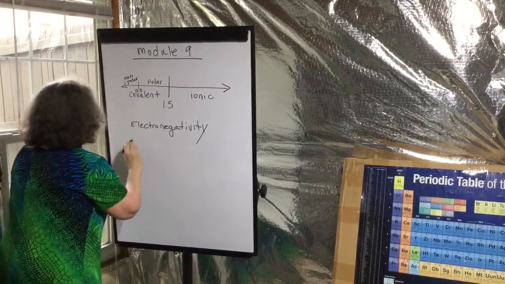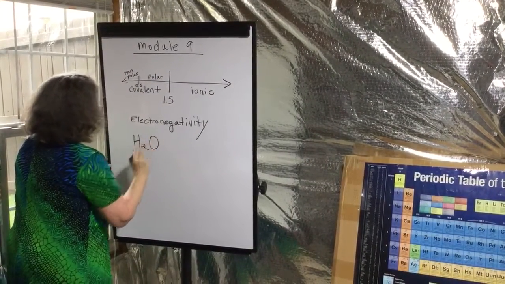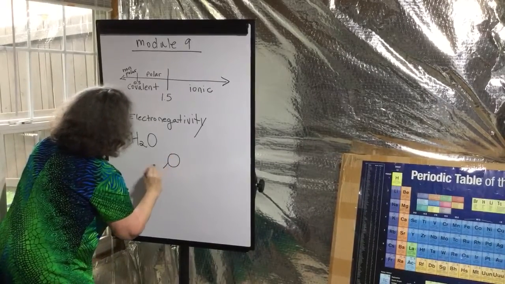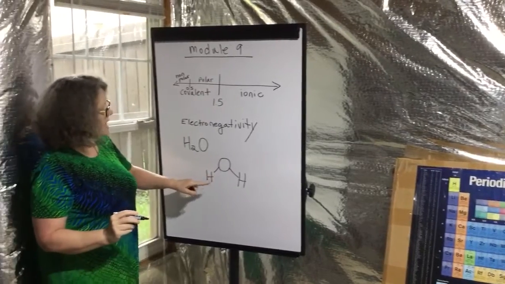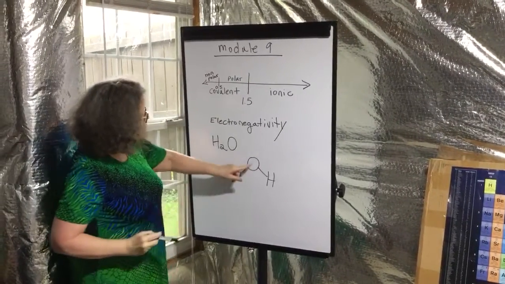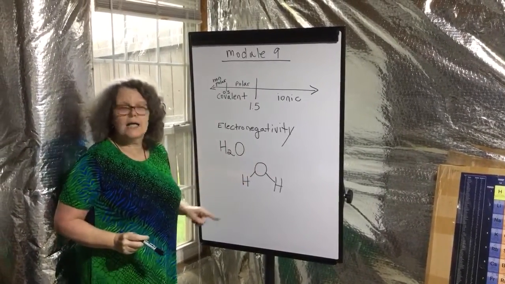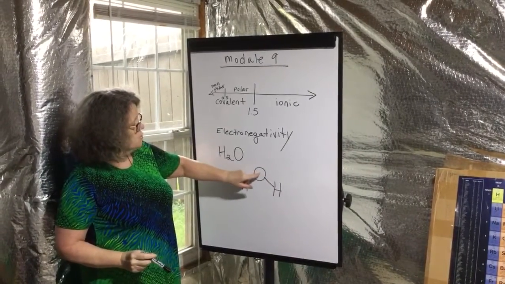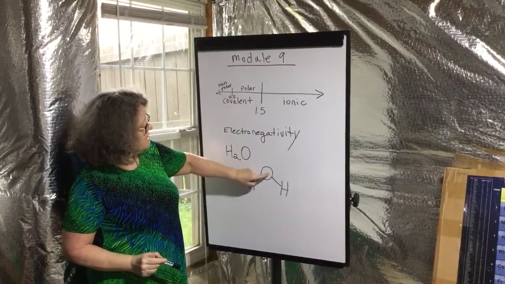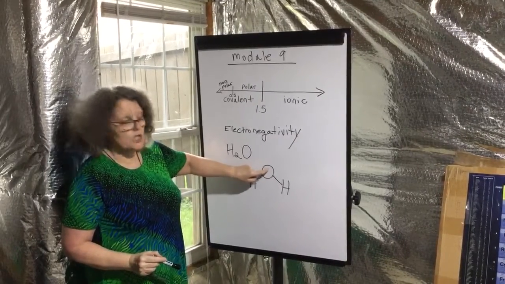Let's start with H2O. Okay, so here's our molecule. We're looking at the bond. Now we have 2 OH bonds. We have 2 of those here. I want to know what the electronegativity is for oxygen.